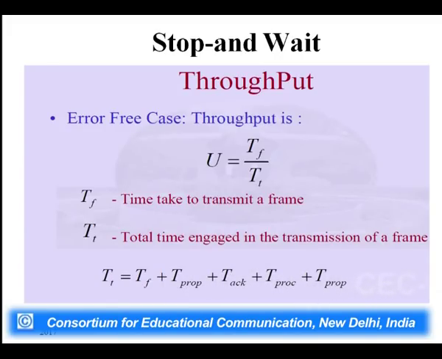Now, how does this stop and wait protocol work, which we have studied in the MAC layer? The MAC layer sends one frame, a sender sends one frame to the destination. Either the frame may be lost and not arrive at the destination, this is one. Second, the frame arrives, but with error.